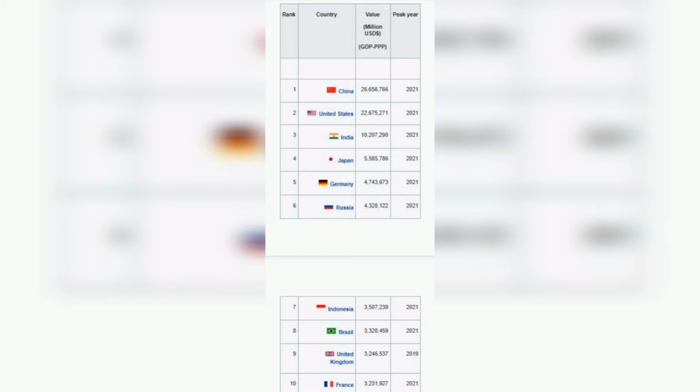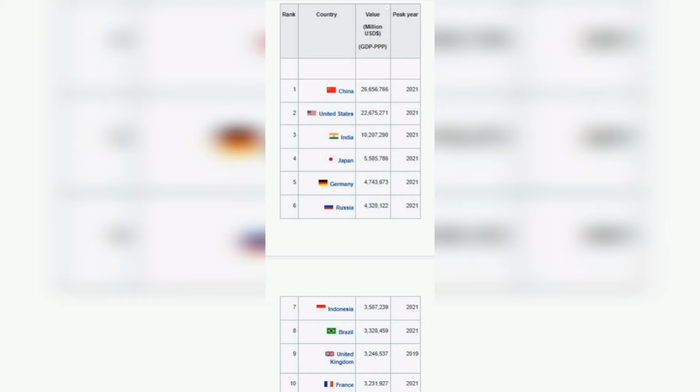You can notice one thing, that the purchasing power parity GDP of United States is the same as the nominal GDP of United States. Why? Because the currency of United States is an international standard for comparing purchasing power parity GDP and also the nominal GDP. So that is the reason that United States has the same nominal GDP and purchasing power parity GDP.